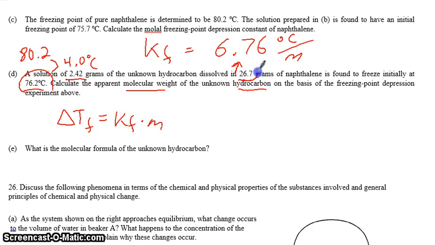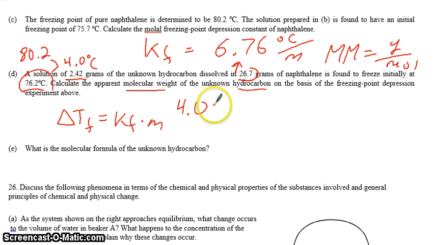Now we have grams. If we have moles, then we can find molar mass, because remember, molar mass is grams per mole. So the change in Tf would be 4.0. Let's set this up. We have 4.0 equals our Kf, 6.76 degrees Celsius per molal, multiplied by our molality.